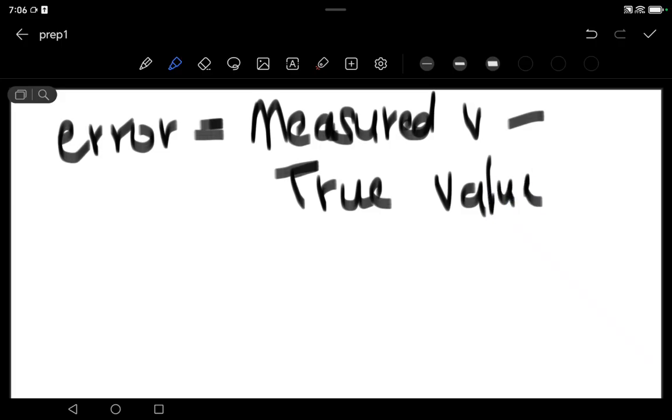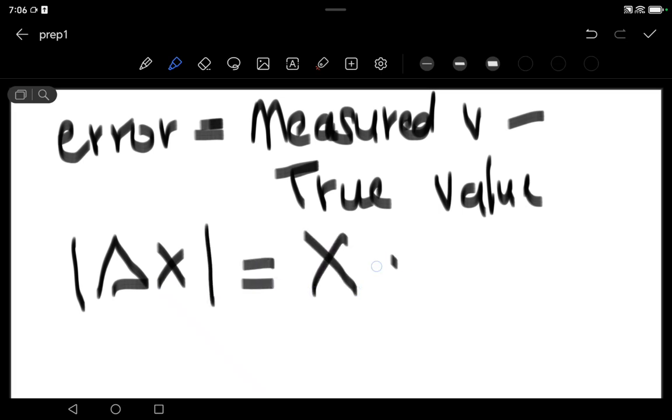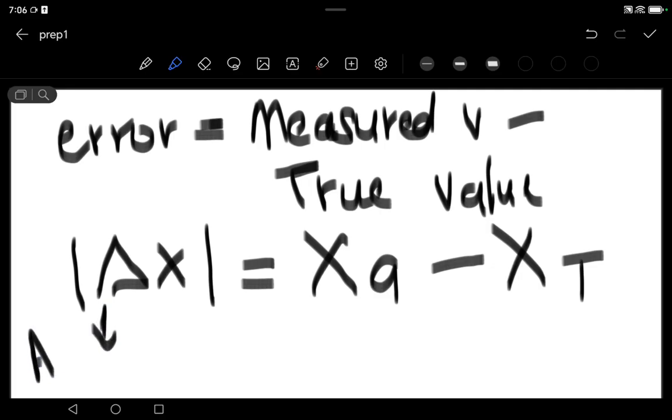When we write it in equation form, it's the absolute bar of change in x equals xa minus xt. This change in x we call absolute error.